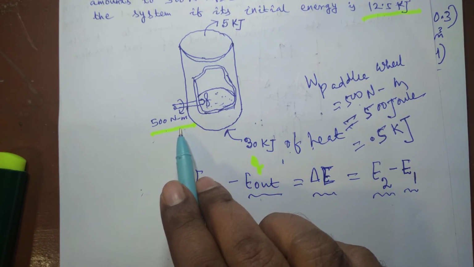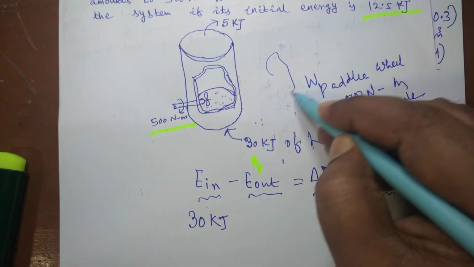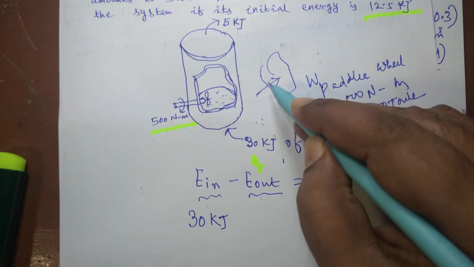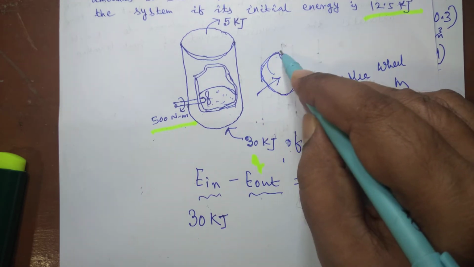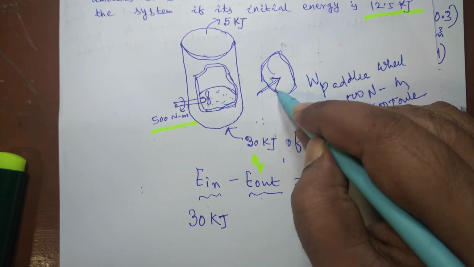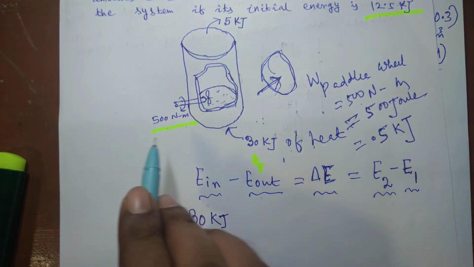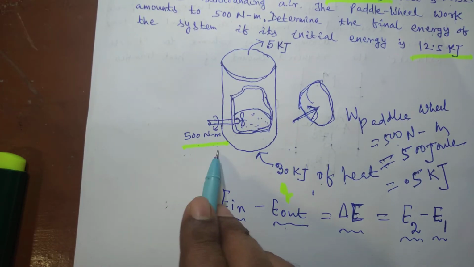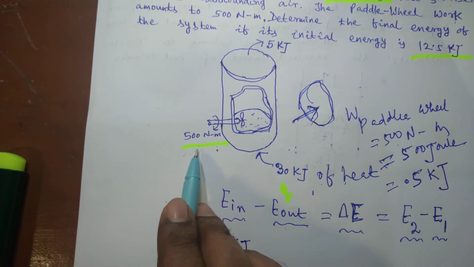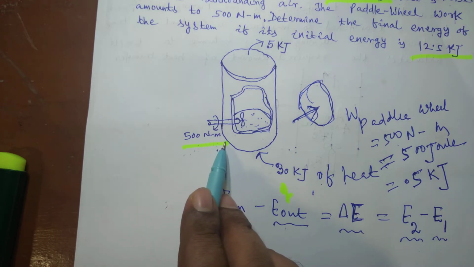Since work is done on the system, the arrow sign is towards the system. That means that is energy into the system or input to the system. So this is also an energy in, that will come under the energy that enters into the system.